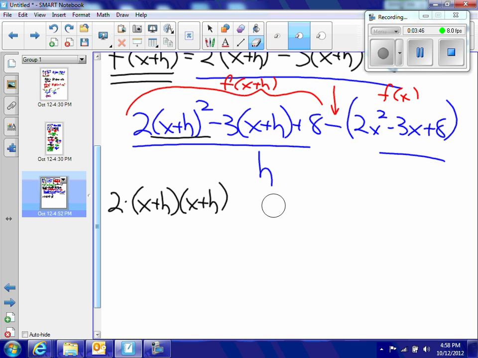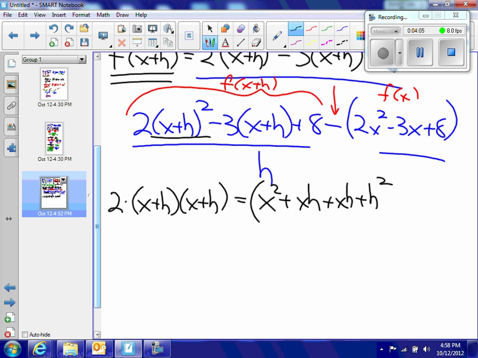We have to either FOIL it or know what it looks like because we memorized it, and that is equal to x squared plus xh plus xh plus h squared, all times 2, equal to 2x squared plus 4xh plus 2h squared.